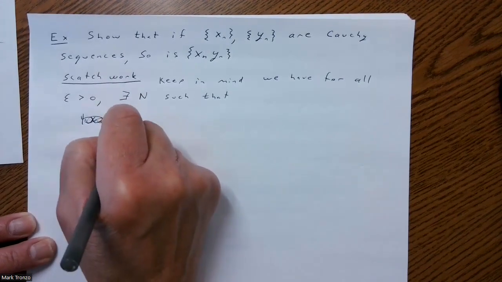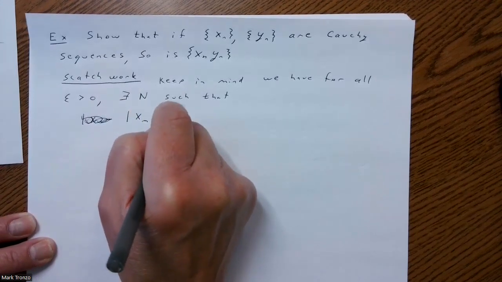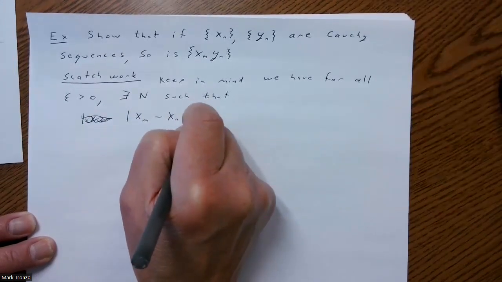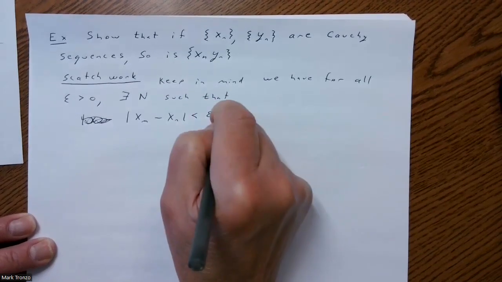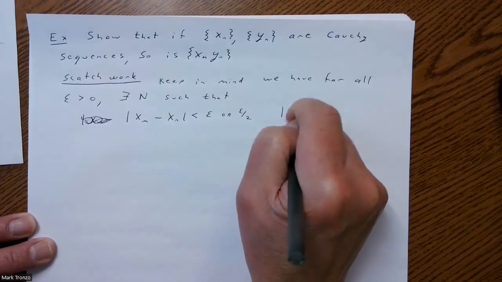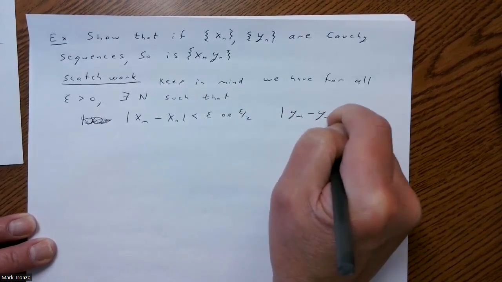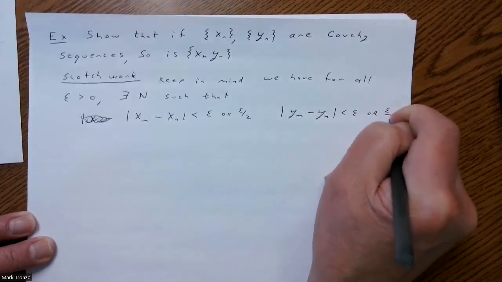Just to emphasize that, let me do it in the other order. Xm minus Xn is less than epsilon, or epsilon over 2, and then Ym minus Yn less than epsilon, or if we need it, epsilon over 2.